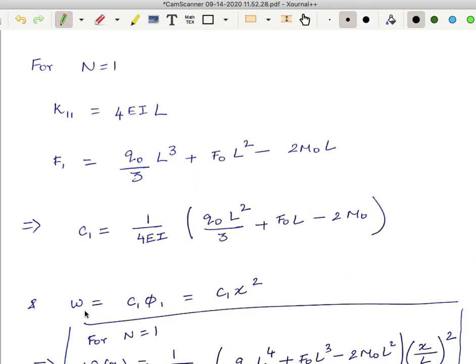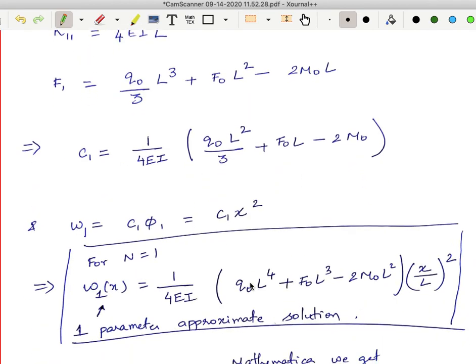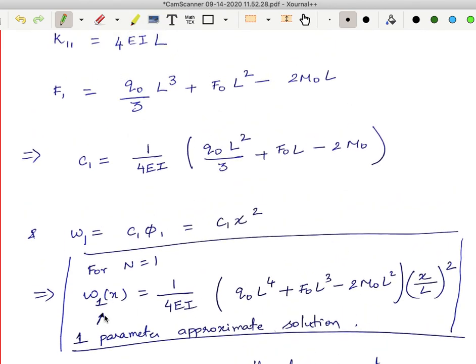What will be the one parameter approximate solution? It will be c1 phi1, which is c1 into x square. So for n equals 1, the one parameter approximate solution to the problem will be 1 by 4 EI into this, into x square. But instead of x square I am interested in writing x by L square, so here I will get another L square. So the one parameter approximate solution will be this.